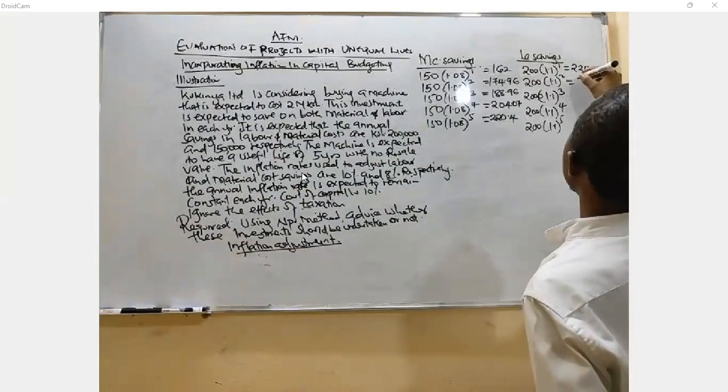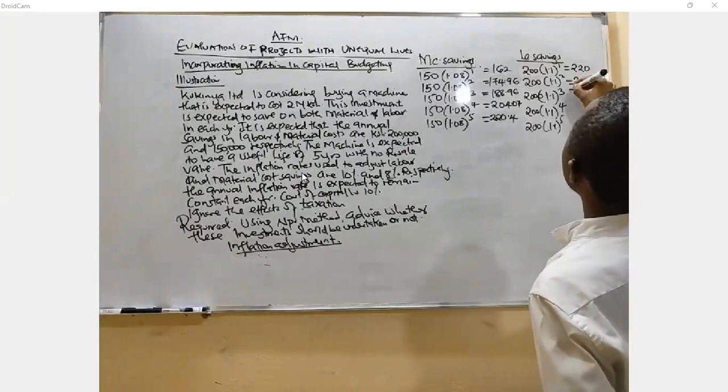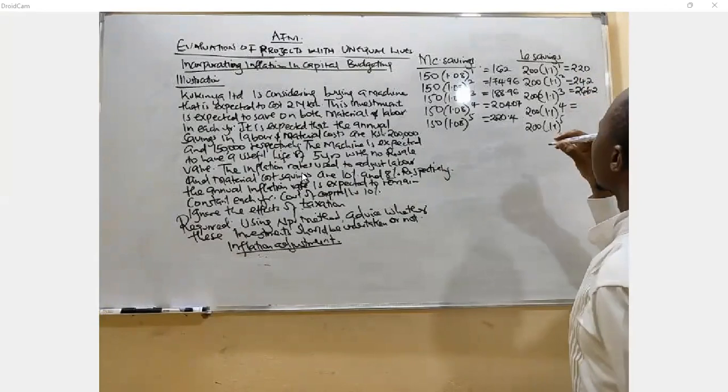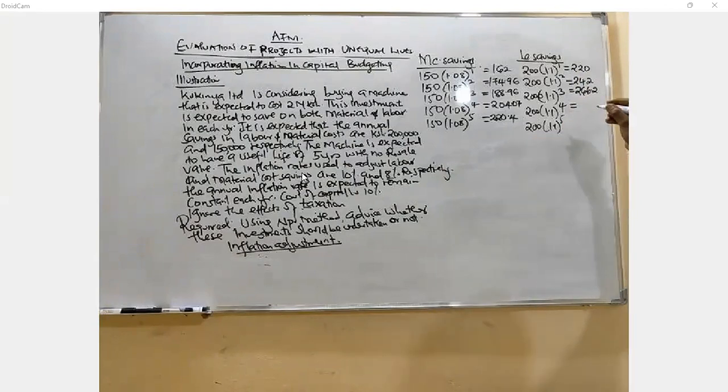Third one? 266.2. 292.8. Sorry? 292.8. And the last one? 322.1.